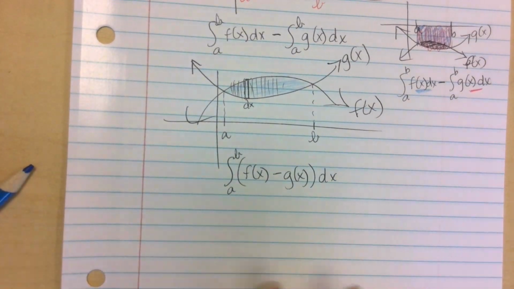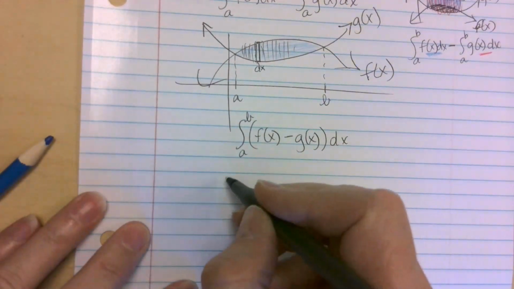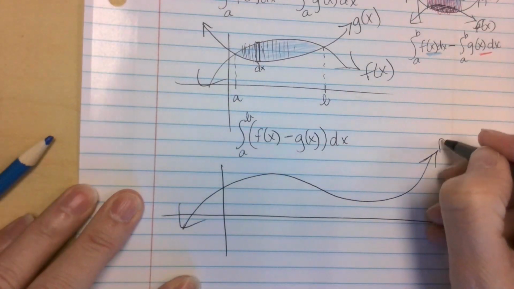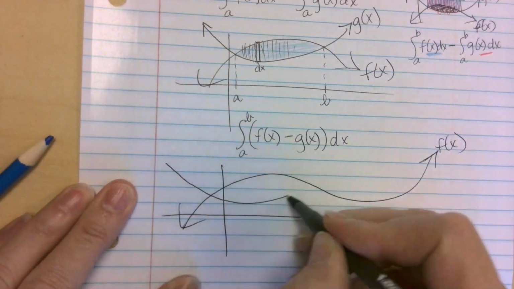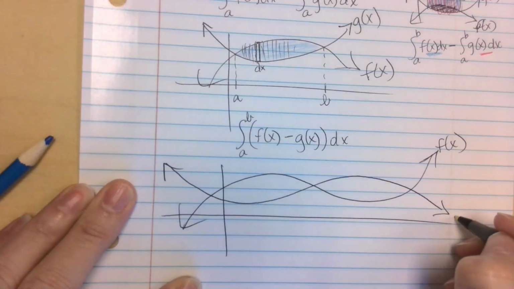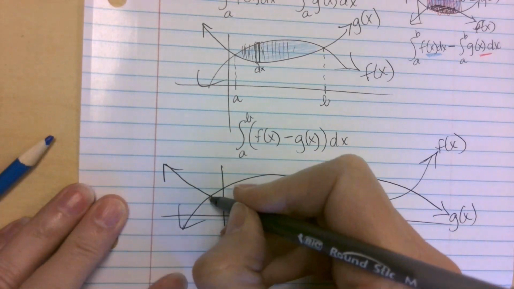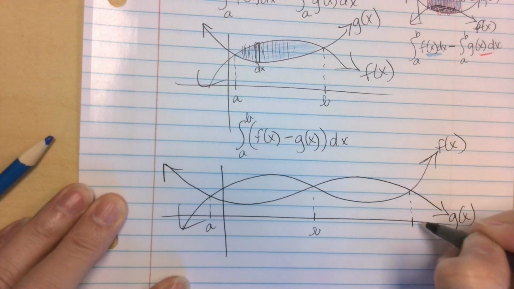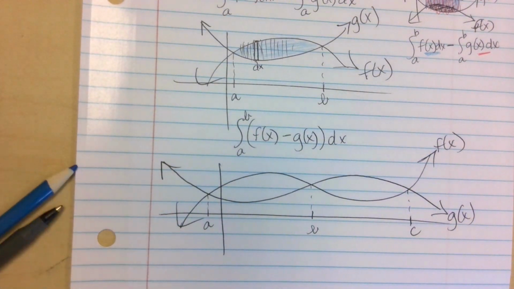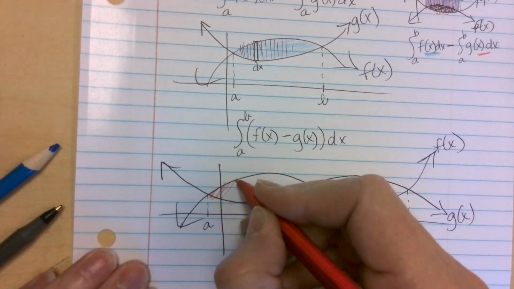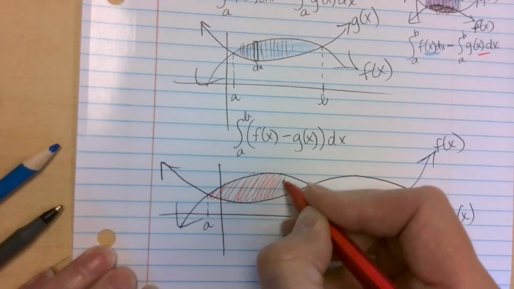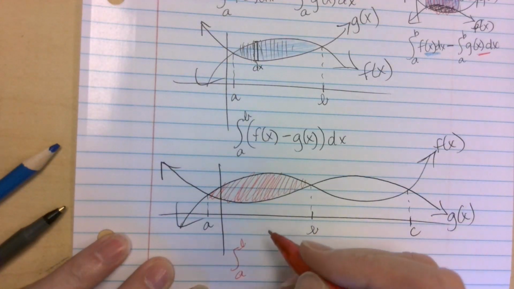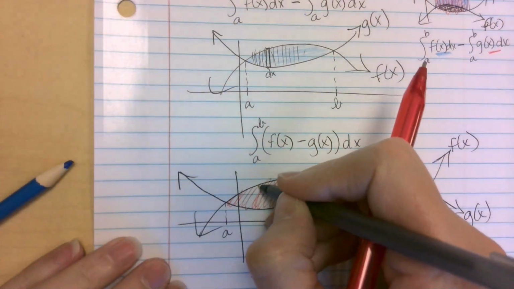Since I'm just looking in terms of generalities on this one, this works even if we have functions that cross more than once. The issue here, though, is we would have to split it up. This would be our A, B, and C values. And so the area between F and G, this red area, would actually be the integral from A to B of, I call this a little representative rectangle.